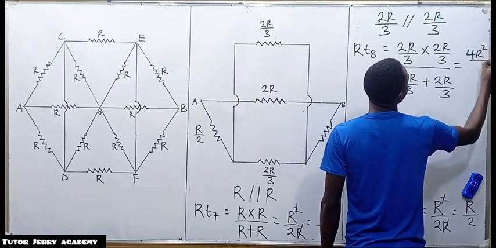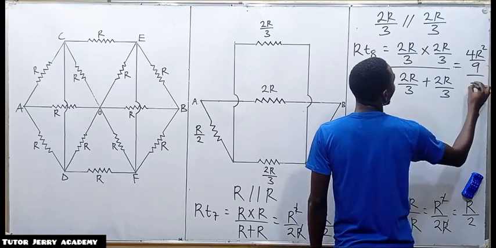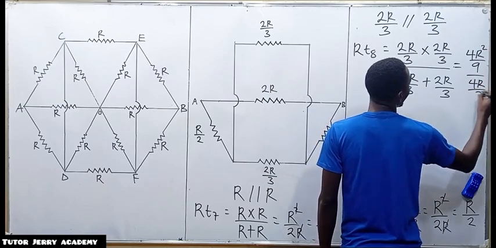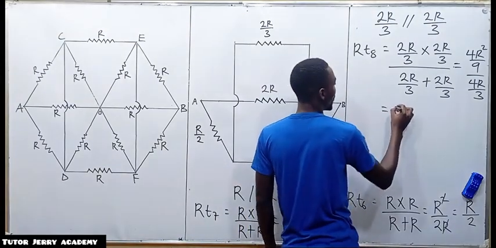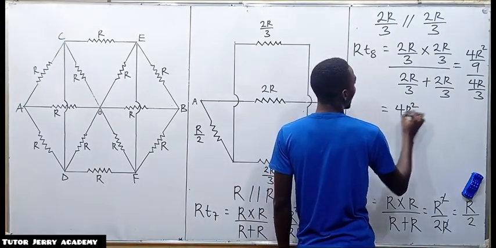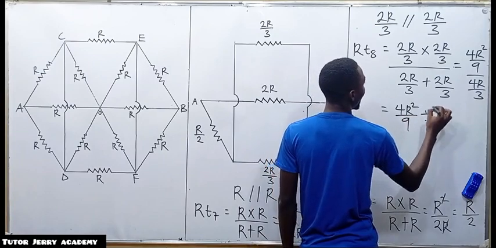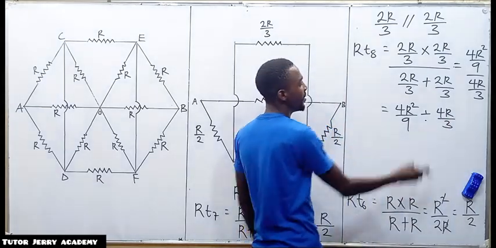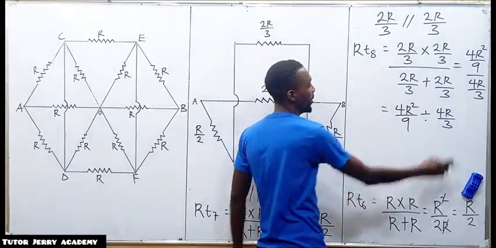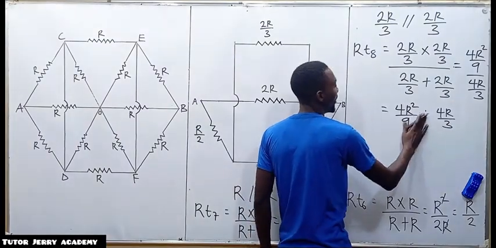All right, so if we do this, this will be equal to 4r squared all over 9 divided by 4r all over 3. I hope we understand that. And you know, this division will change to multiplication. This will go up, this will come down.